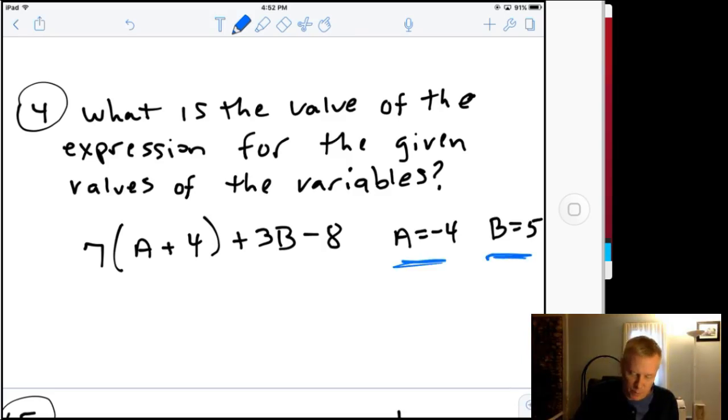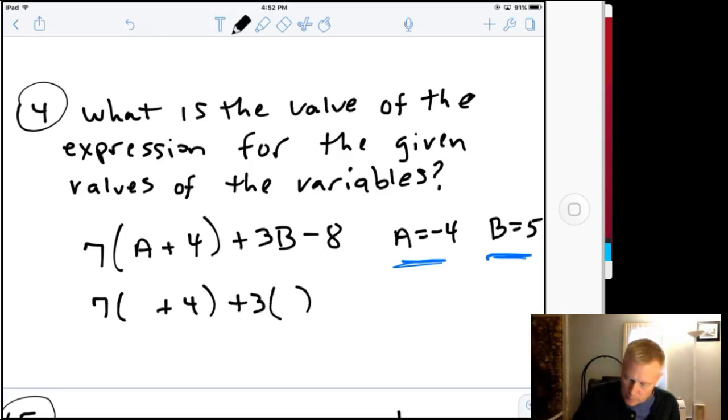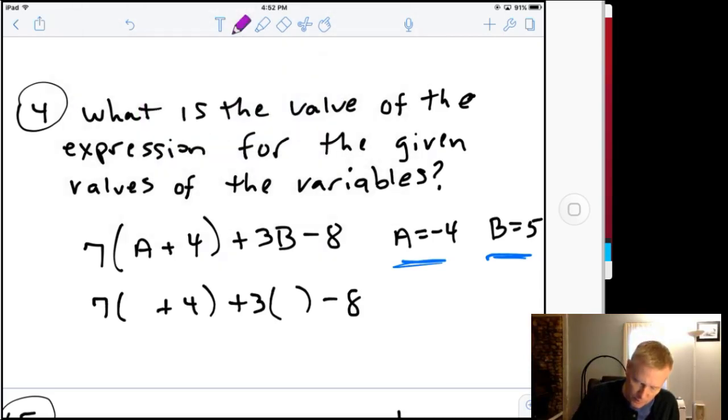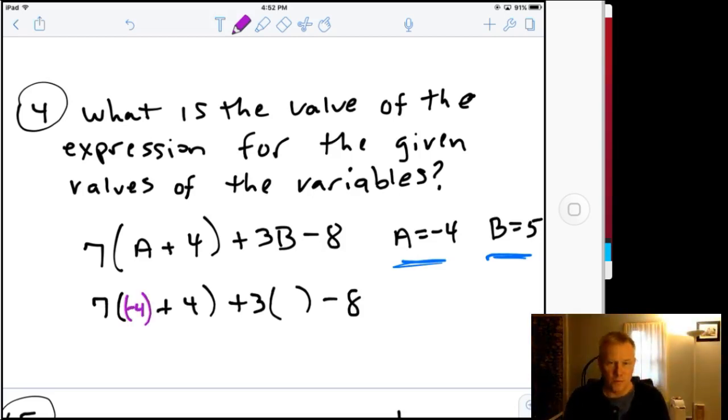So maybe I'll take this expression and rewrite it, except where the B is, you have to use parentheses there too. Anytime you're substituting a value in for a variable, you have to use parentheses. So technically this should have it too, which gives you parentheses and parentheses. Of course, yep, that's in the right spot.